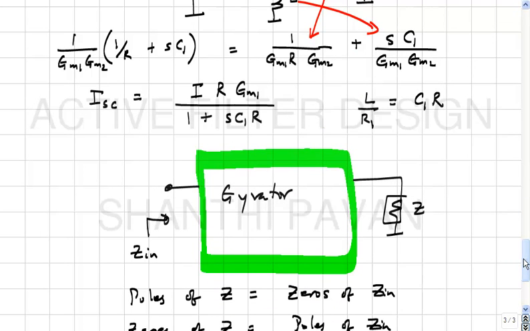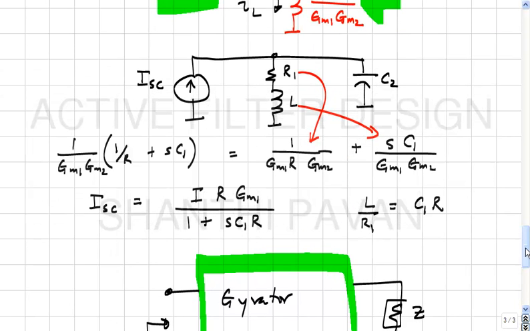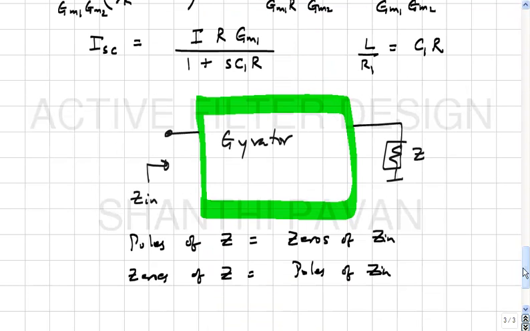Now, coming back to this, given that this is the relationship for ISC, if you transform this into a Thevenin equivalent, what do you think you will get? Let me get rid of this.